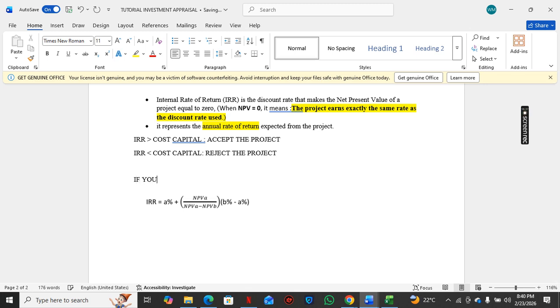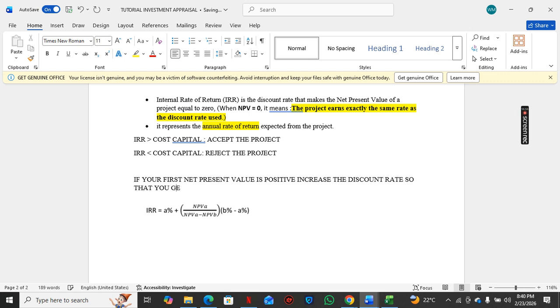If your first net present value is positive, increase the discount rate so that you get a negative NPV.